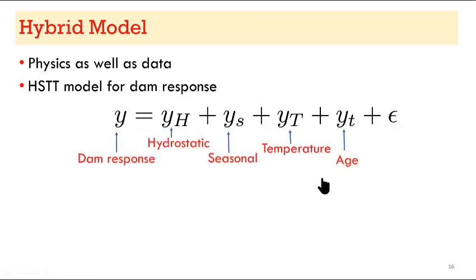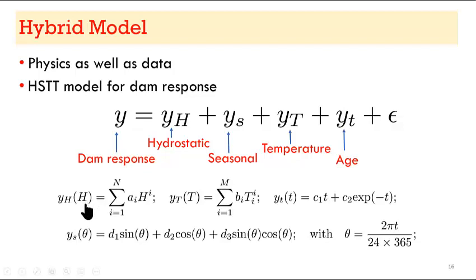Now in this case, we denote the dam response, and these are the different responses: environmental responses, hydrostatic, seasonal, temperature and age, and we assume linear behavior. So we are using some physics and applying the superposition, and these terms can be given in terms of polynomial and sinusoidal functions.